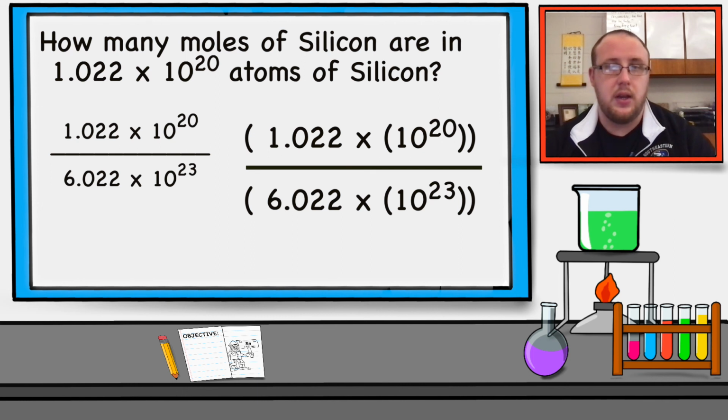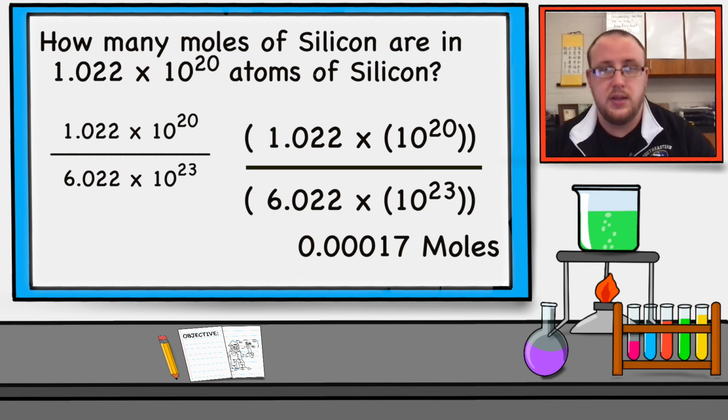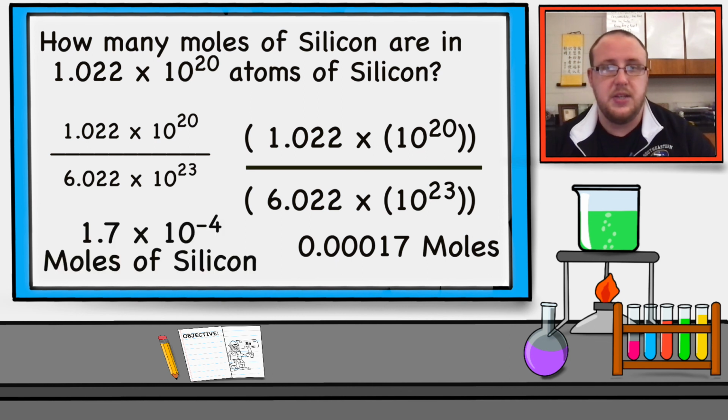If you did this right, you will get 0.00017 moles of silicon.